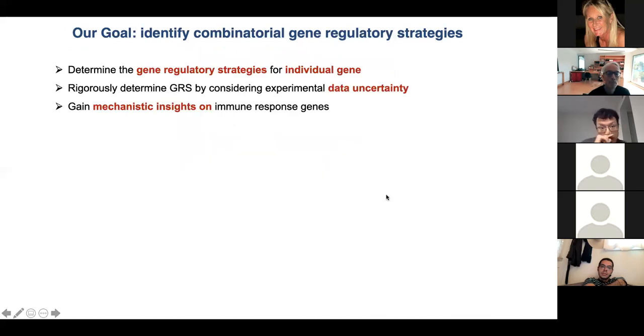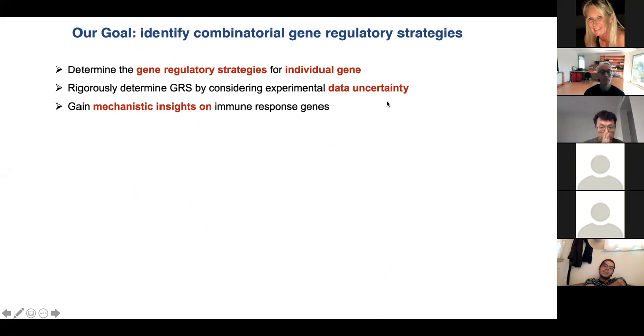For my research, the key goal is to identify the gene regulatory strategies for individual genes, since this is more meaningful practically for drug target development, or for fully understanding mechanistic insights. Secondly, how can we rigorously determine GRS by considering experimental data uncertainty?